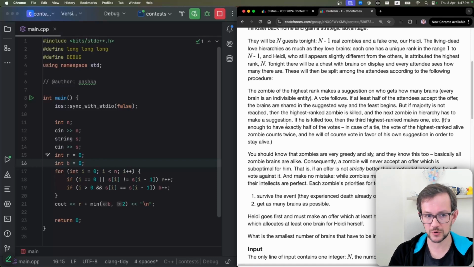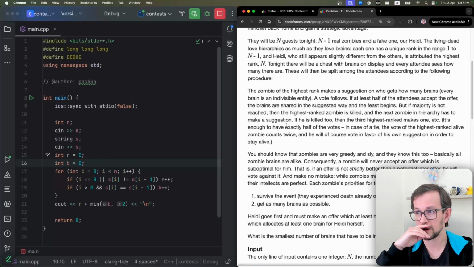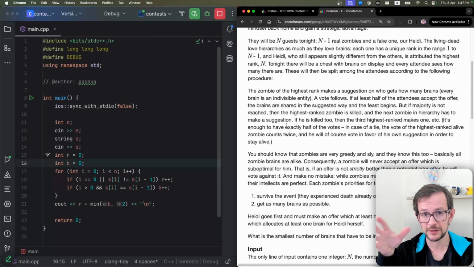So the first person suggests some way to split the treasure, and then everybody votes. If they vote for this concept, then they just agree and we stop here. If they vote against this suggestion, then we kill the person who suggested it and continue to the next person.